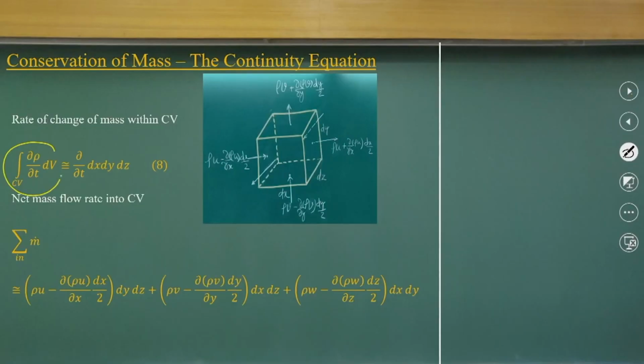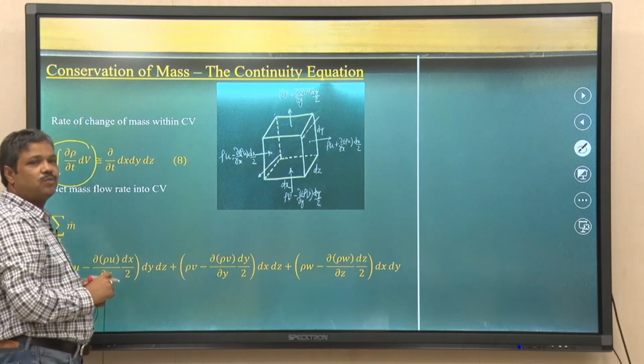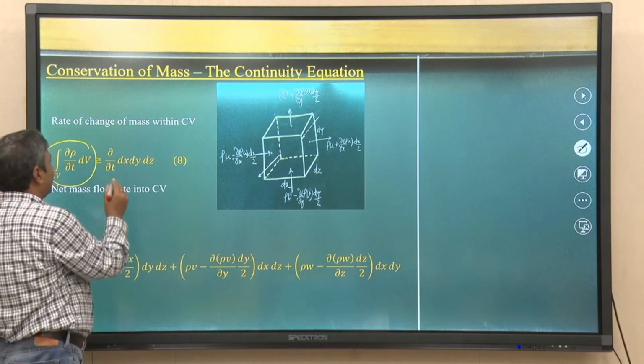In this term, the rate of change of mass is the volume integral of rho dV, where V stands for volume. Doing the volume integral, I will get the mass. Since the control volume is infinitely small, I can simplify it.